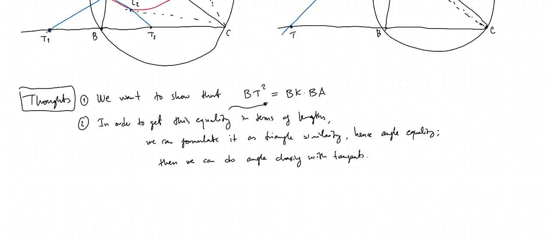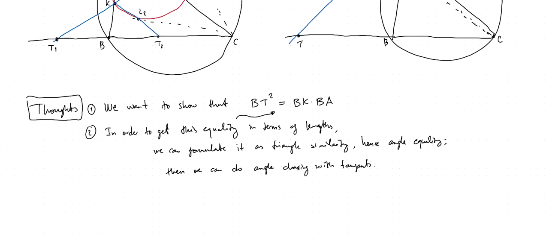So this looks very promising. I can use the triangles BTK and BTA somehow, and if there is some sort of similarity there, with the appropriate length ratio, I can obtain it like this. So I can formulate this as angle equality. How can I do this? Think about it.